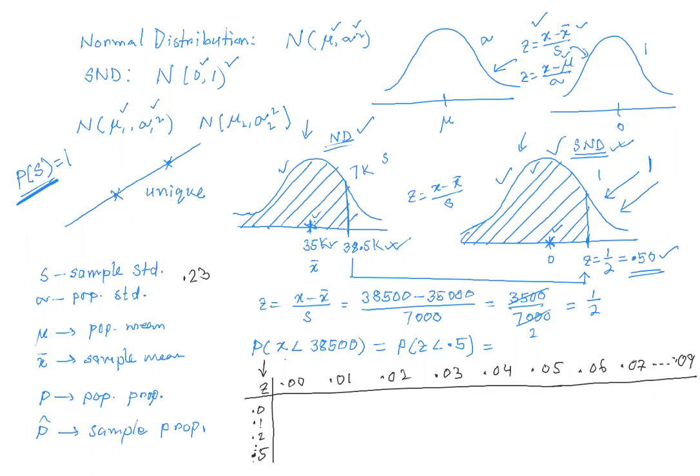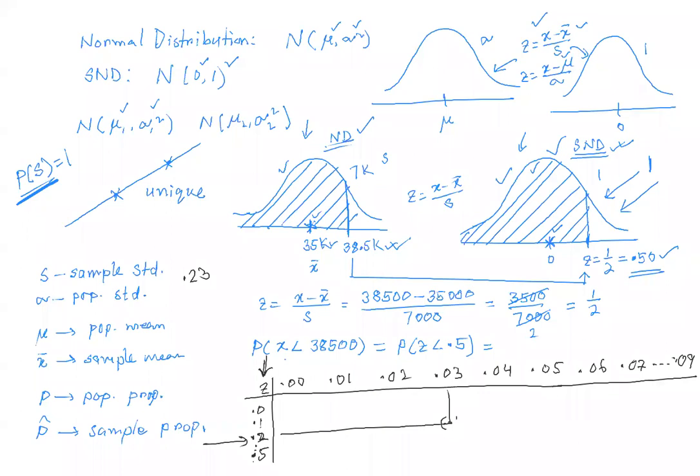What you will do, you go down the z column and look for 0.2, which is right here. Then after you find 0.2, you go along that row to column 0.03, because 0.2 plus 0.03 is 0.23.